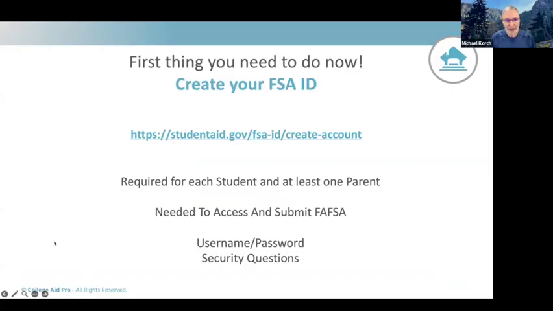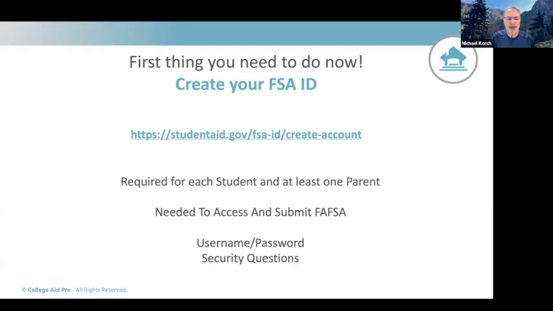Okay, first thing, how do you get started on the FAFSA? You have to create two IDs. There's going to be one ID, a unique login and password, for the student. And then, as we were talking about, that custodial parent, or the one parent for the married couple that's going to do the paperwork, so to speak, that's login and password number 2.